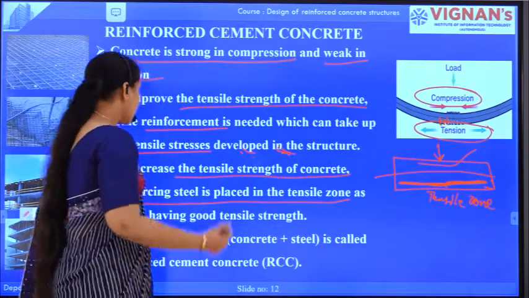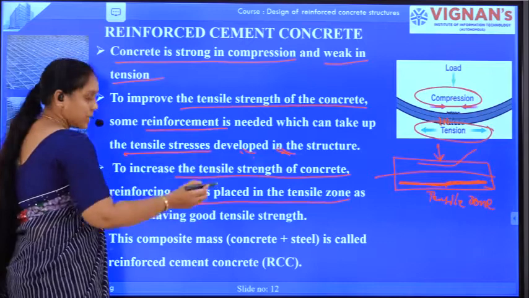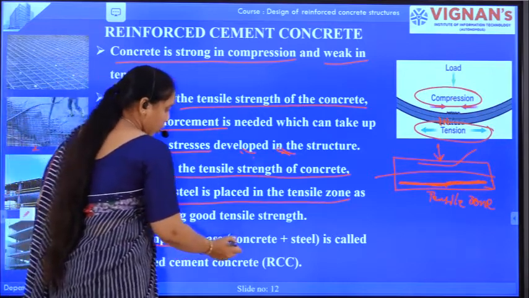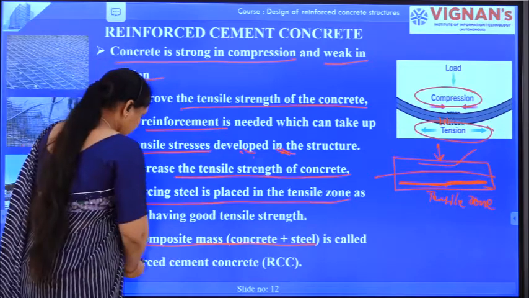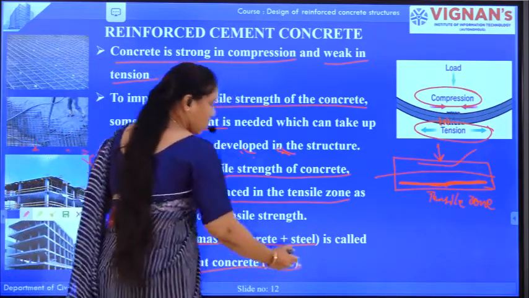This composite mass of concrete and steel is called reinforced cement concrete.